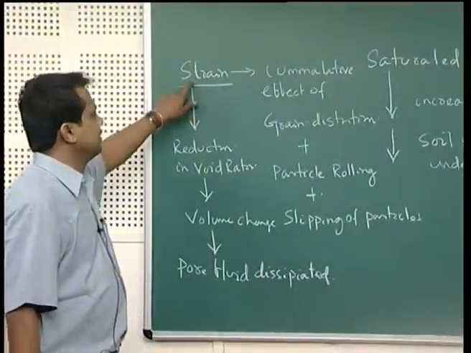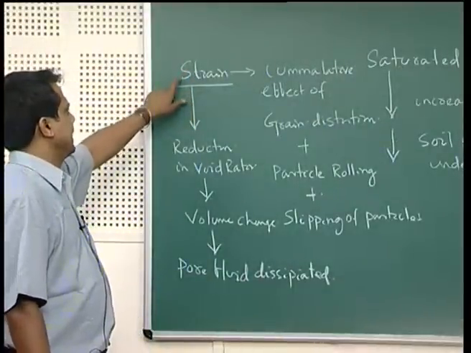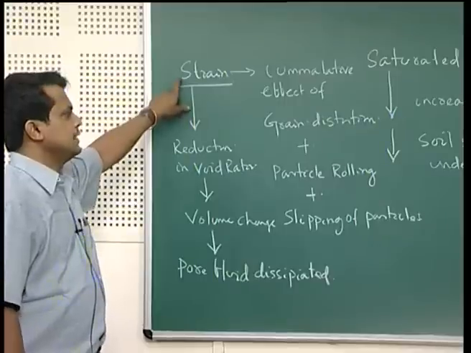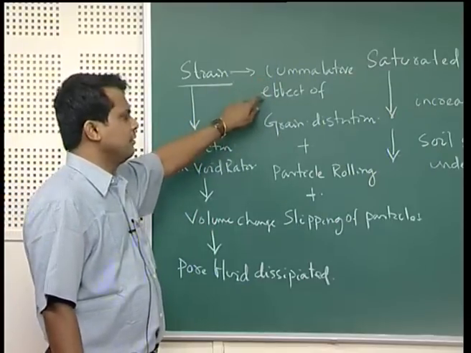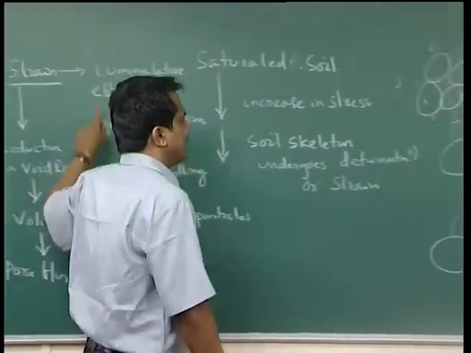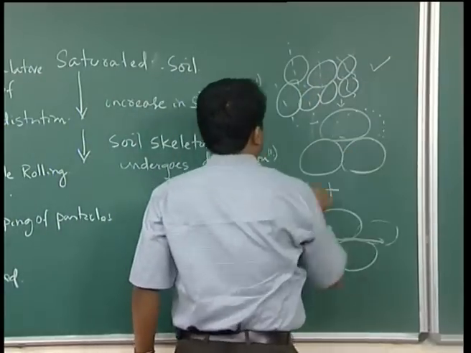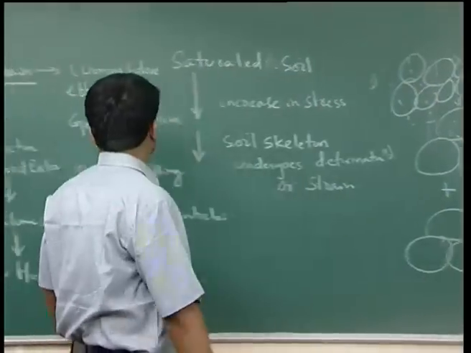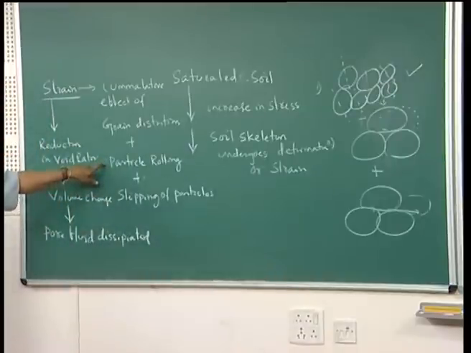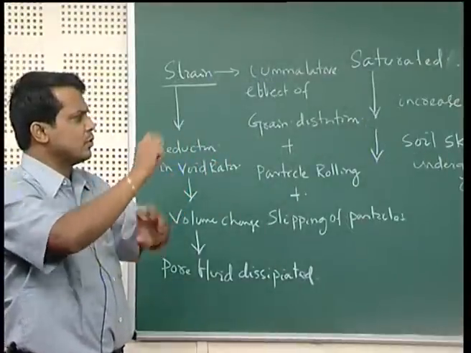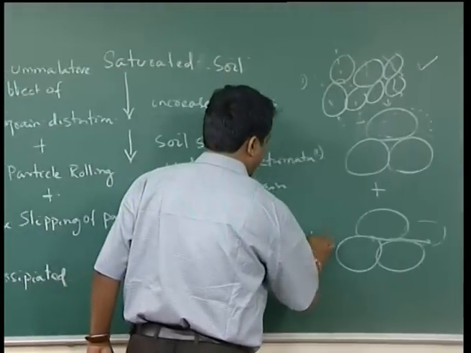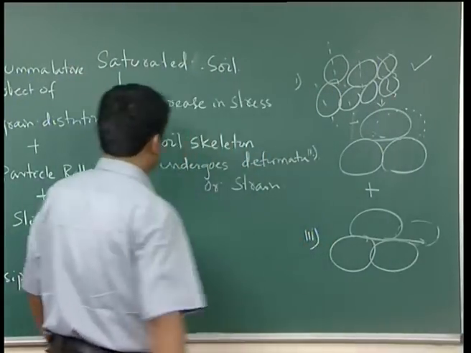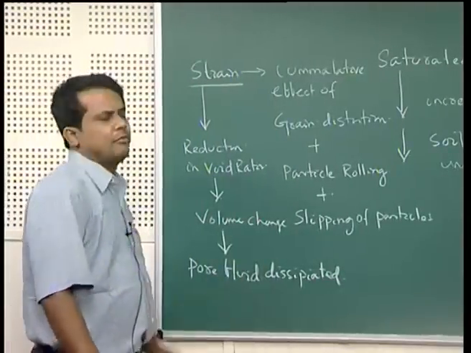To summarize, strain in geotechnical engineering is the cumulative effect of, number 1, grain distortion; second, particle rolling, that means particles roll above each other, or a single particle rolls above the other particles; then third, slipping of particles.